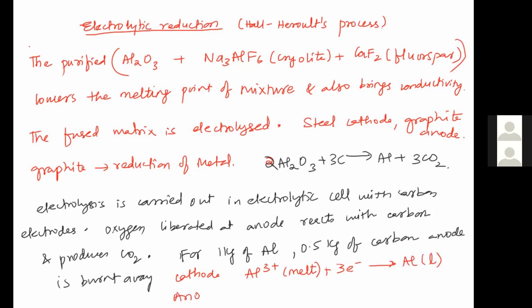At anode, we have two reactions. Carbon reacts with the oxygen, forms carbon dioxide mostly, sometimes carbon monoxide, depending upon the oxygen present. And we have the aluminium. This is called Hall-Heroult's process, which is the electrolytic reduction method of aluminium.